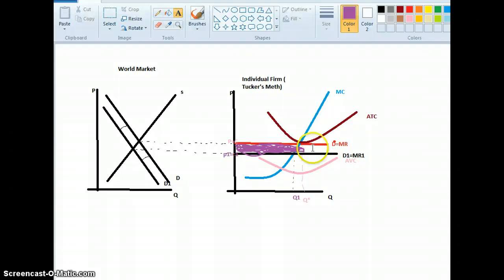So in order to show this, I need to now take the average variable cost, bring it over here, and now they are losing. Now I'll show they're losing. If they shut down now, they will not only be losing that, but they'll be losing through their average cost, which will be represented with green.